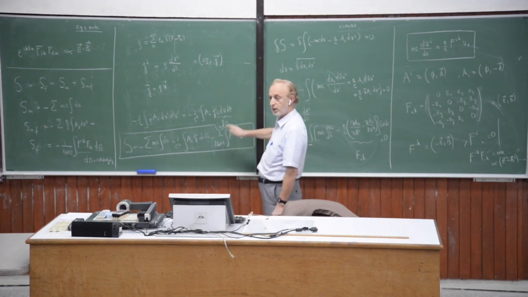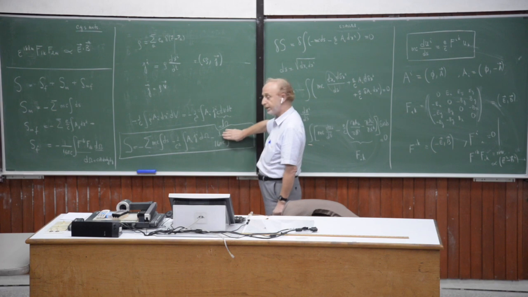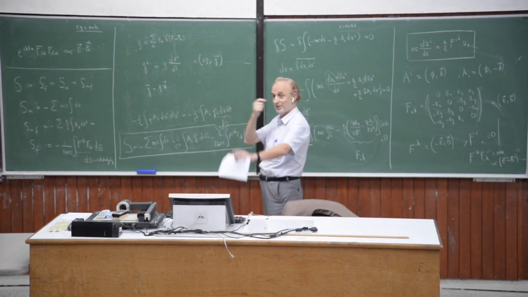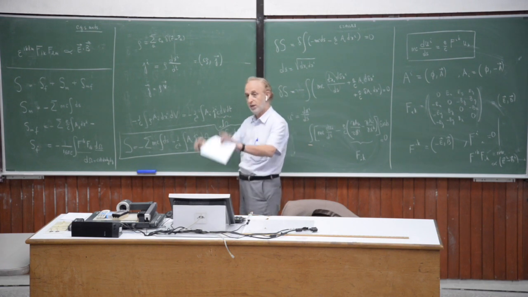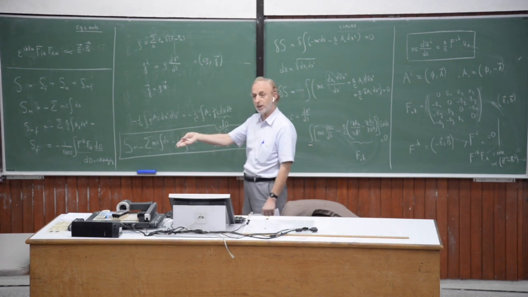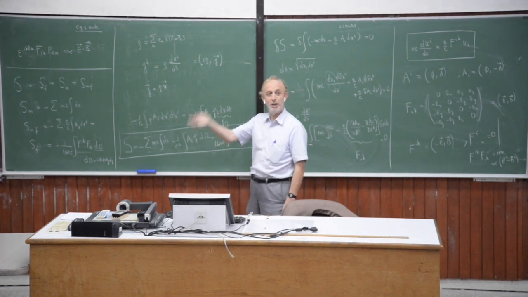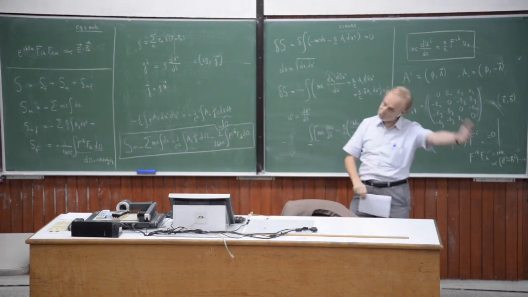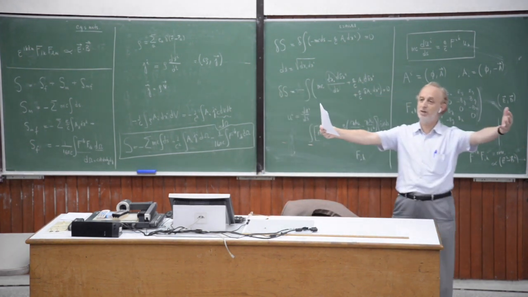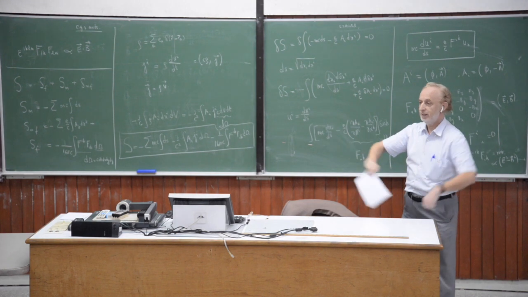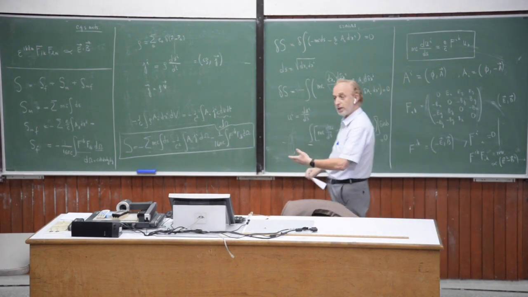Before, I wasn't considering this because I assumed that this is a fixed background. A_i is fixed. So I vary the coordinates of the particle, and by minimizing, I find the equation of motion of the particle in this fixed background of electromagnetic field. Now I want to do the other way around.